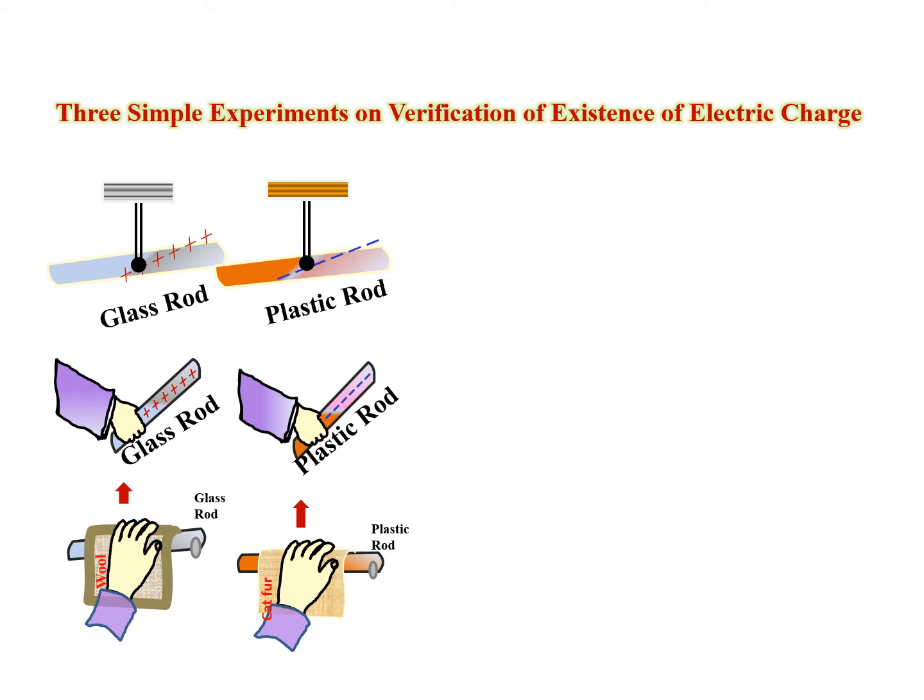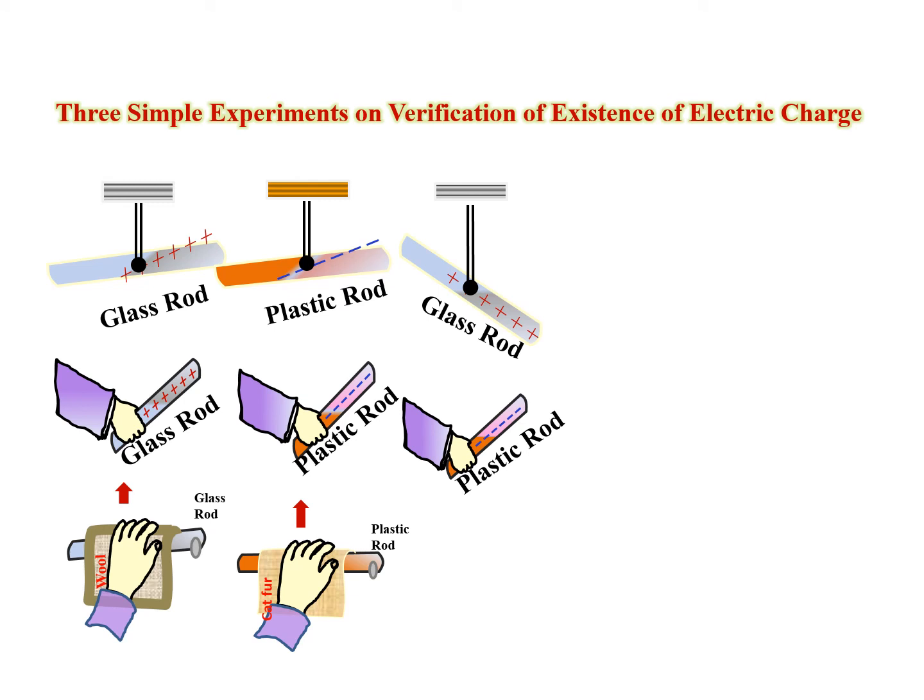Now, when the suspended glass rod was placed very close to a plastic rod, where both had been rubbed with wool and cat fur respectively, they attracted each other, showing that the charges acquired by the glass rod and the plastic rod were completely opposite to each other. Hence, they were attracting each other.